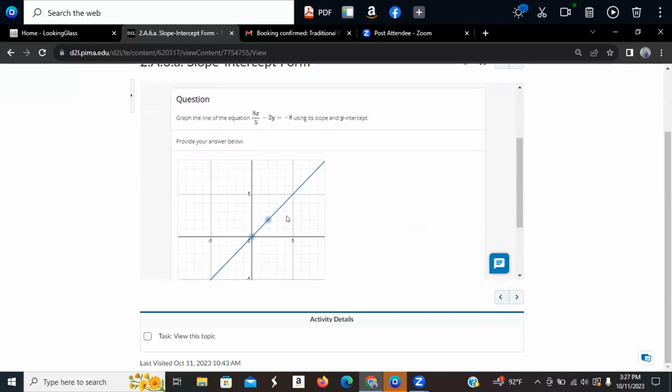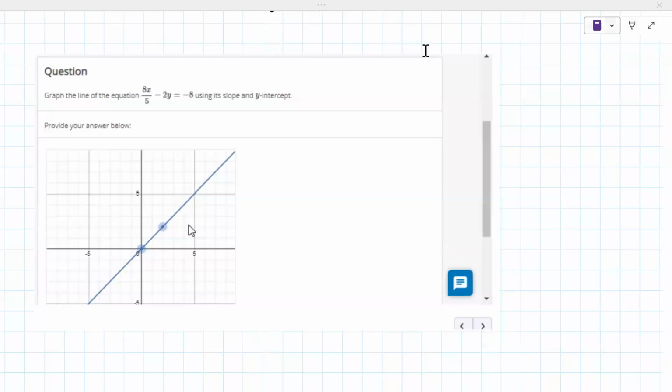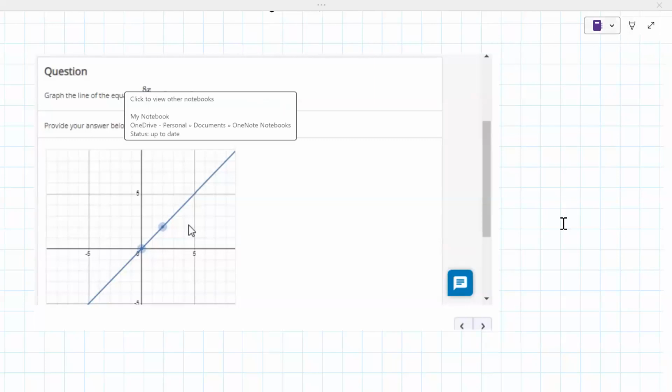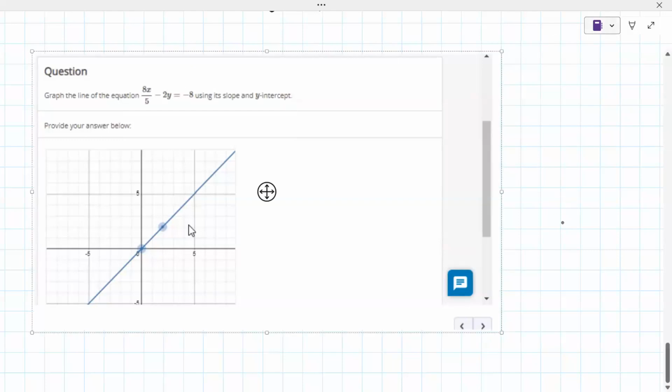Okay. All right. So this one's more difficult. I'm going to grab a snip of this one for sure to help. All right, so I got it up on my screen now, and you should be seeing that here shortly. There you go. It is kind of like the last one where you're just solving for y, but you get a fraction here.